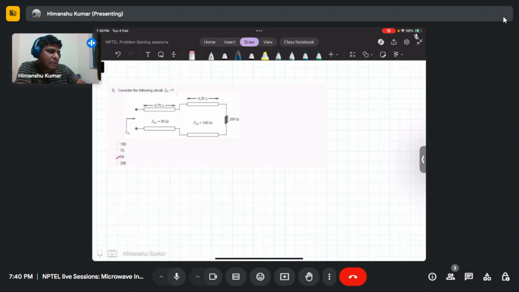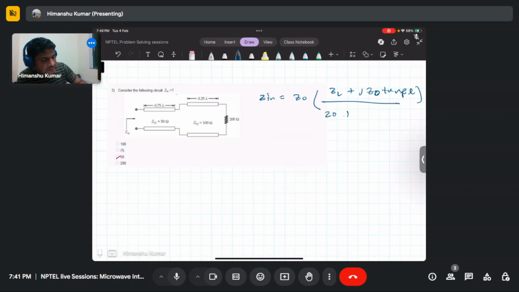Basically, the input impedance you can write as Z in equals Z naught times (ZL plus j Z naught tan of beta L for lossless line) divided by (Z naught plus j ZL tan of beta L). This you can write as the input impedance.